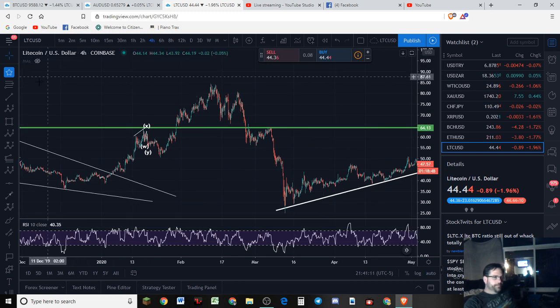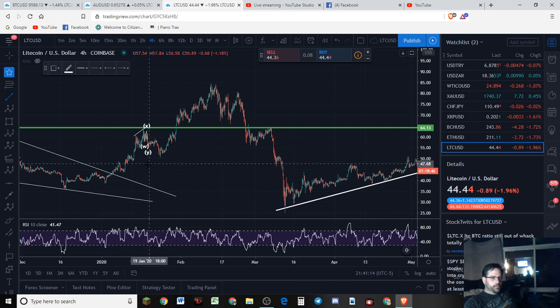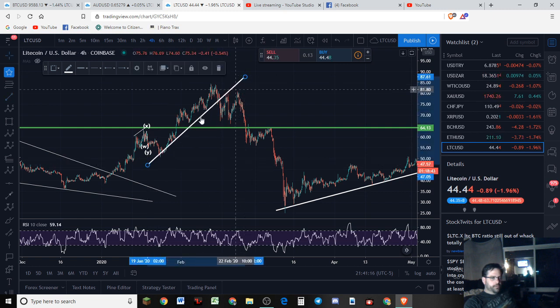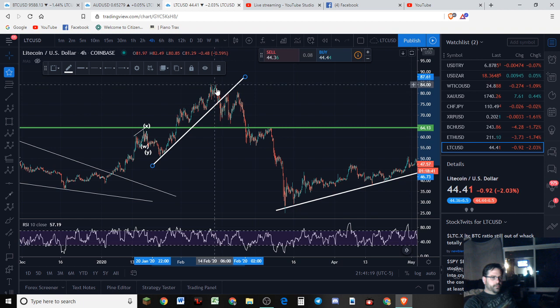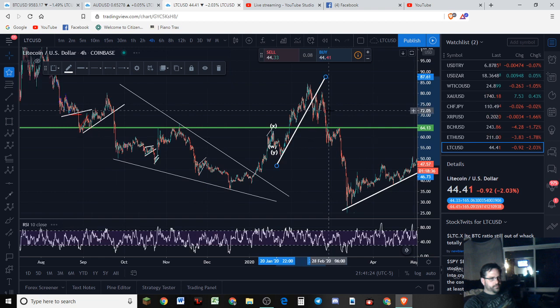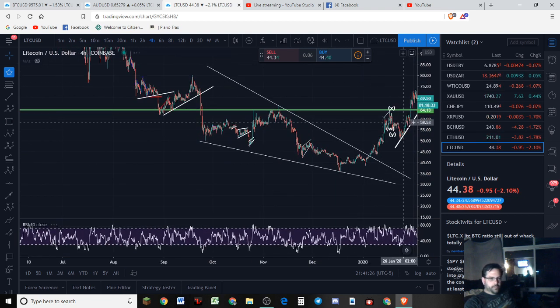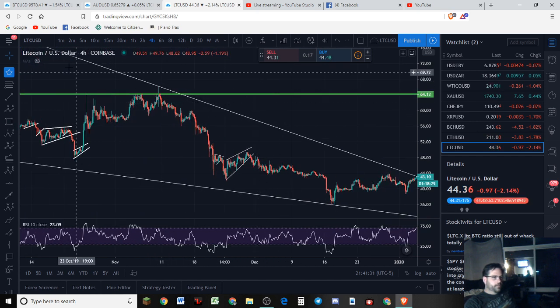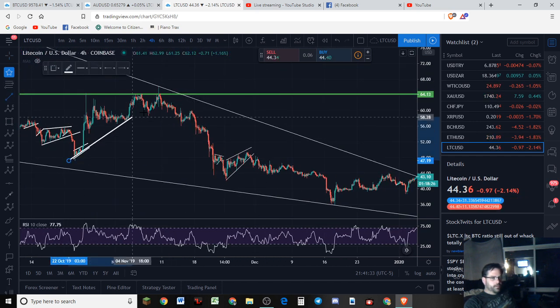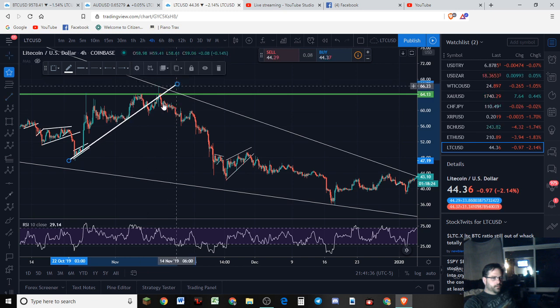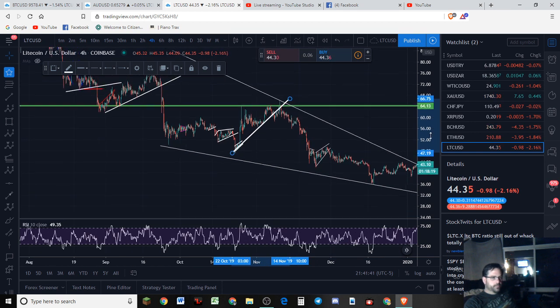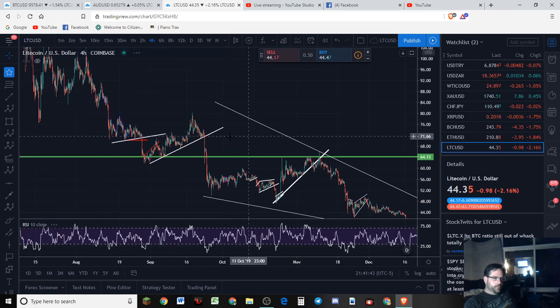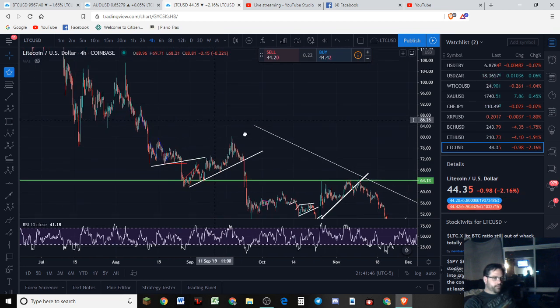Let me show you. See that structure line right there? It broke, retested it twice, and then came down. Broke it, retested it, came down. This just broke it and crashed.